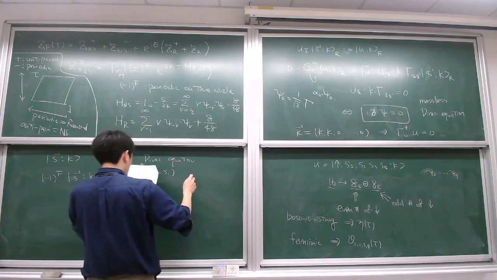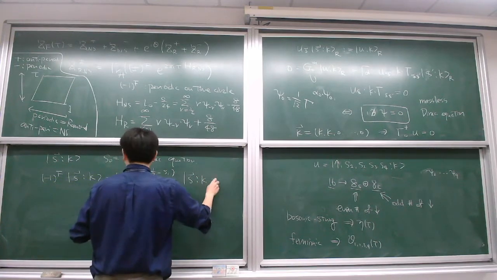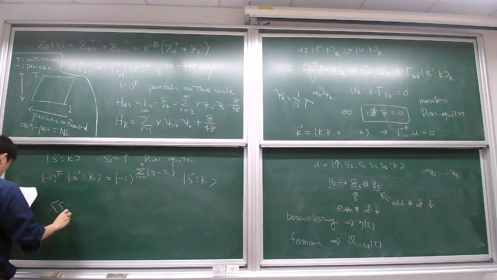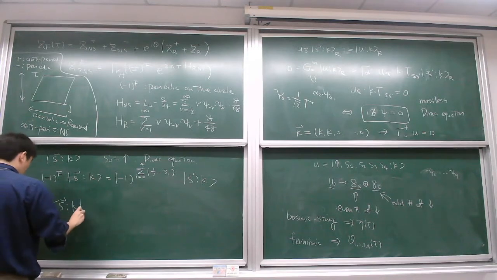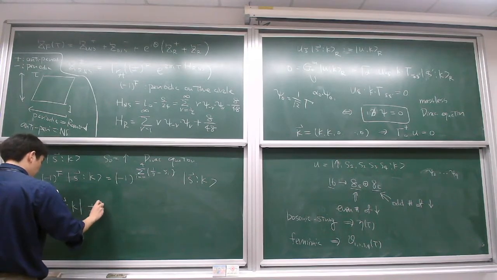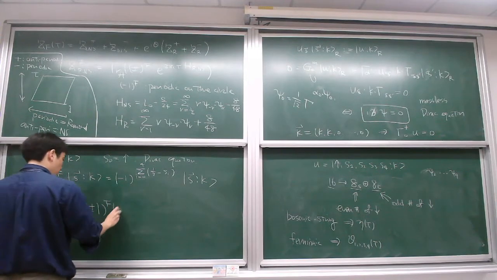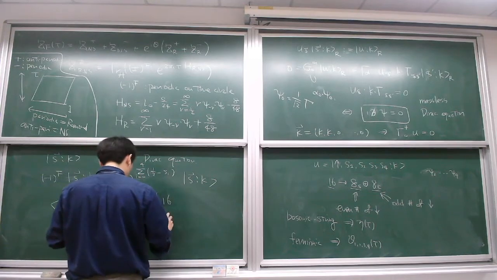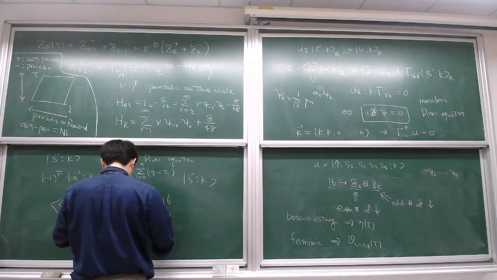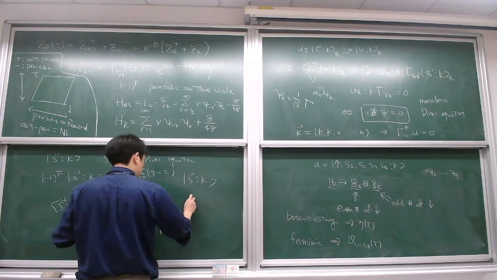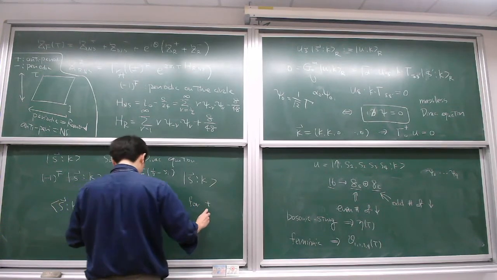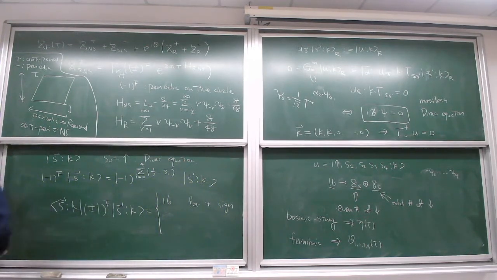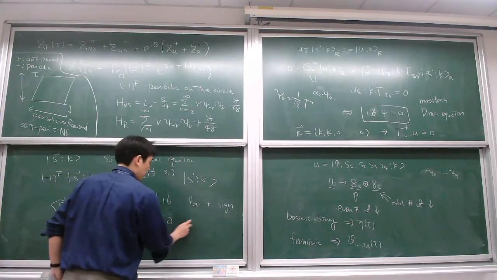This one is the correct one. So this is how (-1)^F acts on it. Therefore, if you sandwich by the Ramond vacuum, the F, then you have the following: it consists of 16 for plus sign, and then you just have zero otherwise for minus sign.